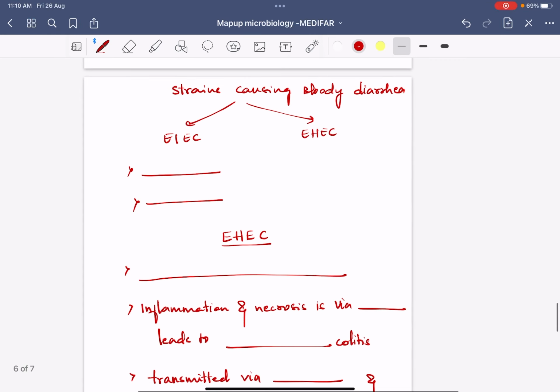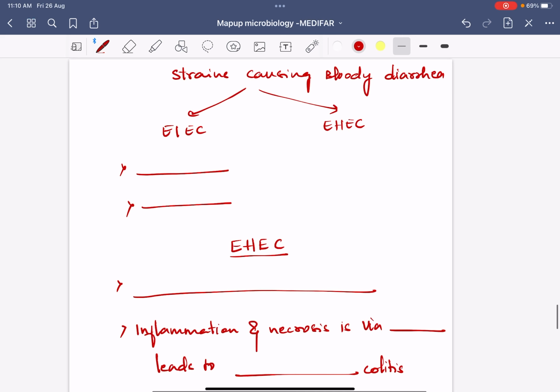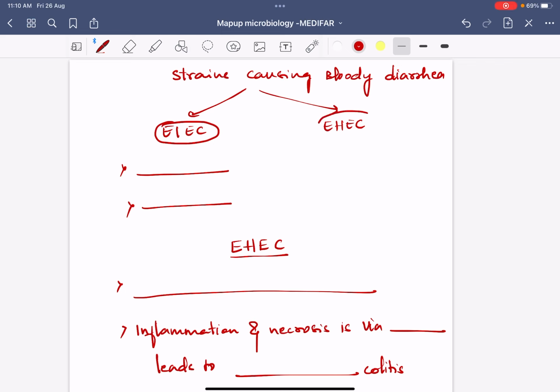Now coming to strains that cause bloody diarrhea. There are two strains, enteroinvasive E. coli and enterohemorrhagic E. coli. Enteroinvasive E. coli, the name itself tells it causes invasion of the mucosal cells of intestine, okay, via virulence marker antigen and causes dysentery.